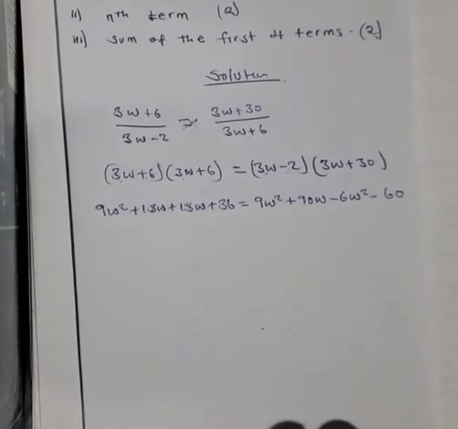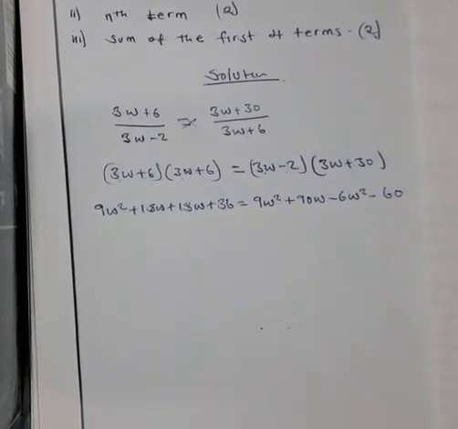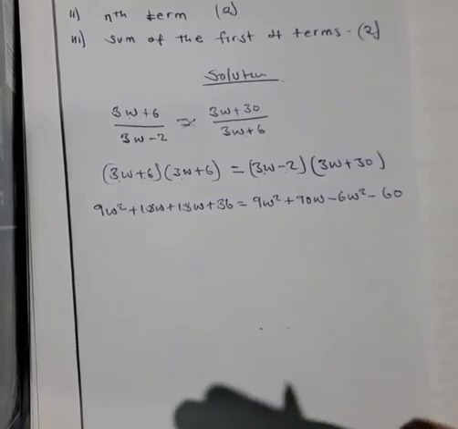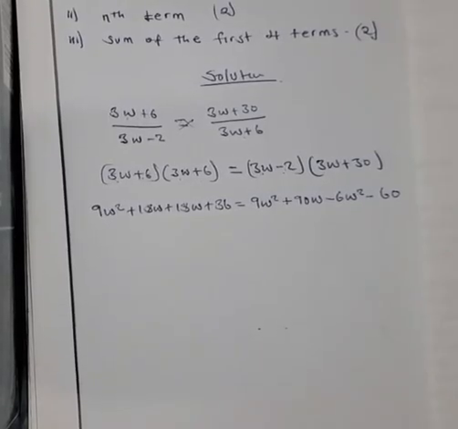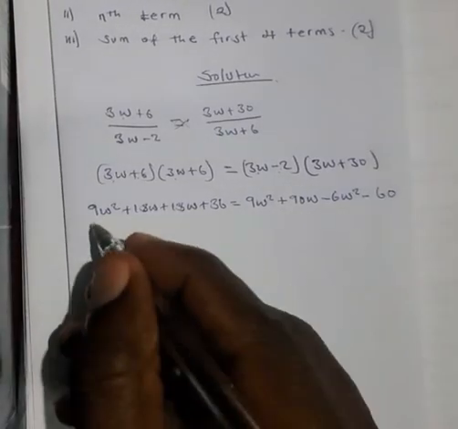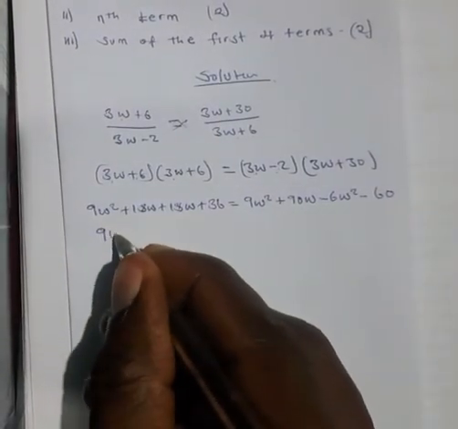Okay, so pardon me if as I'm solving, maybe I'm too fast and I don't do calculations accurately. So here we have 9w squared.